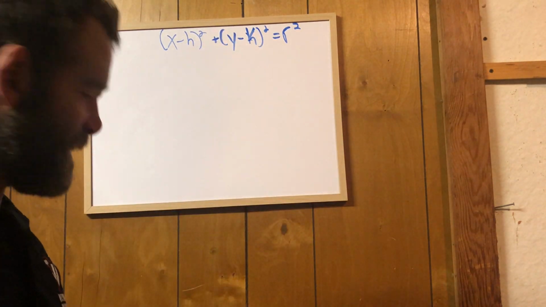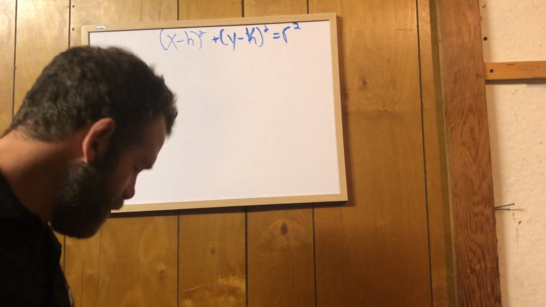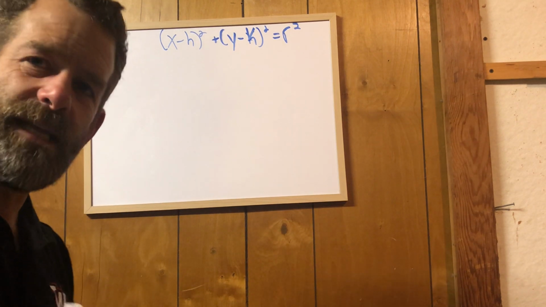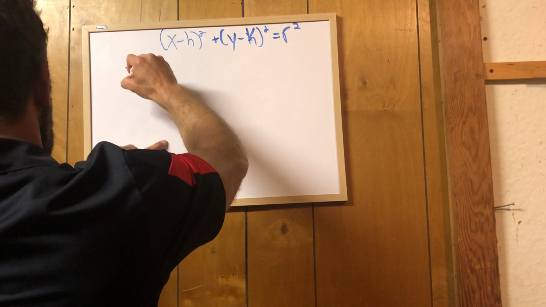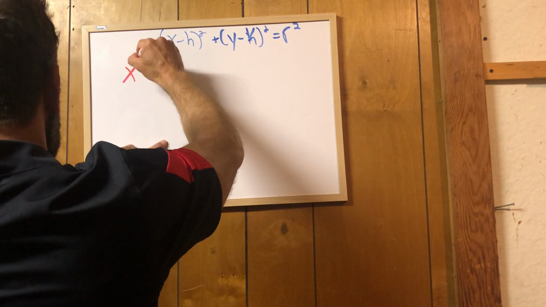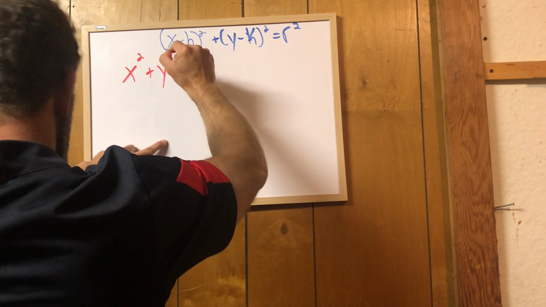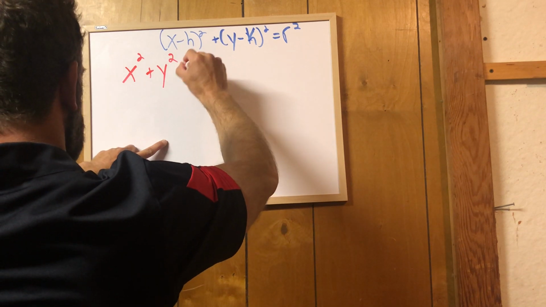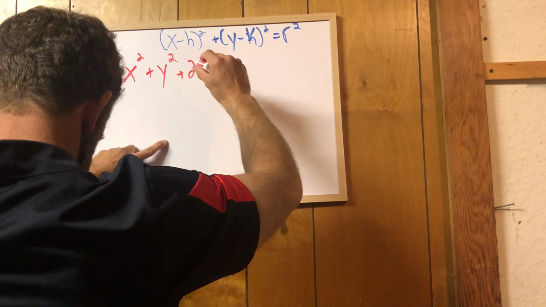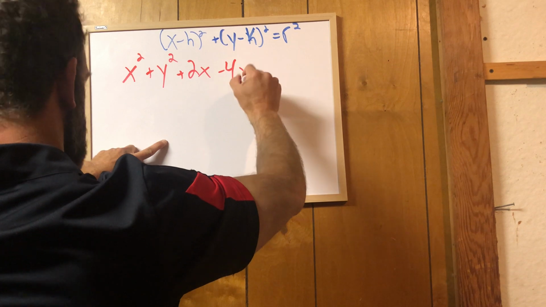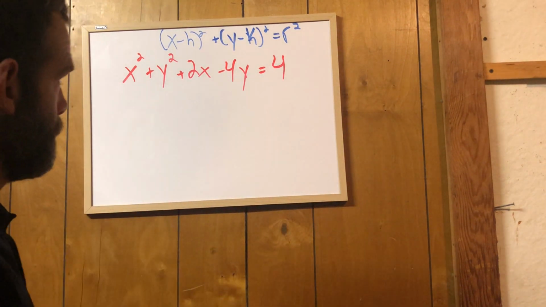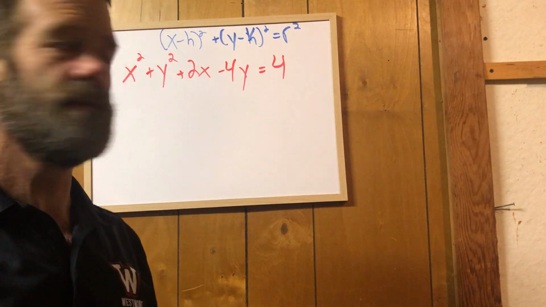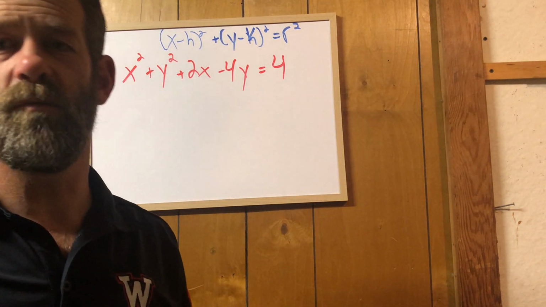This is how we have to get the equation. And I'm going to walk you through step by step, let's try the very first one. The question is x squared plus y squared plus 2x minus 4y equals 4. The question is, what's the center and what's the radius?